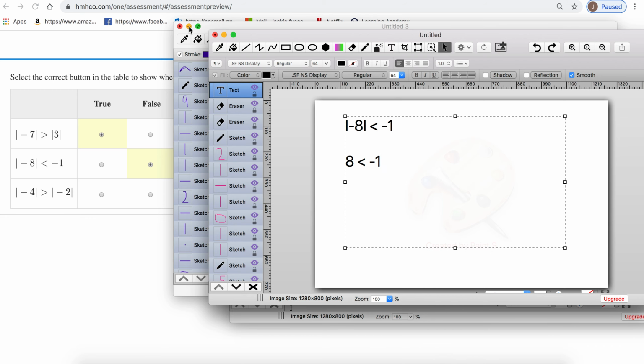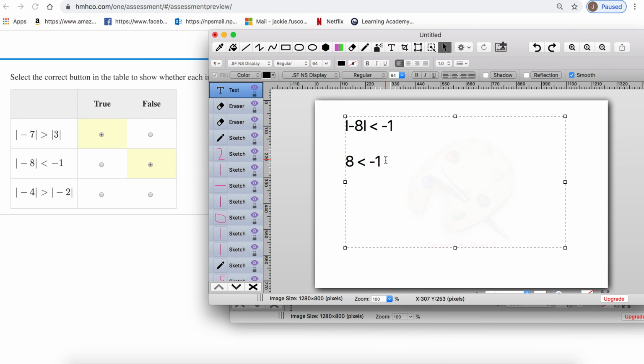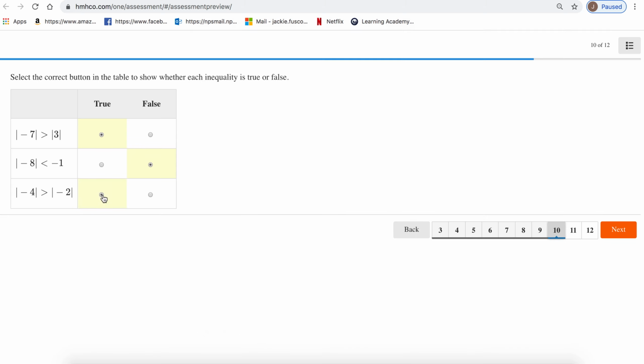And then the last one says the absolute value of -4 is greater than the absolute value of -2. Okay, so the absolute value of -4 is 4, is greater than the absolute value of -2, which is +2. So is 4 greater than 2? Yes, that is true.